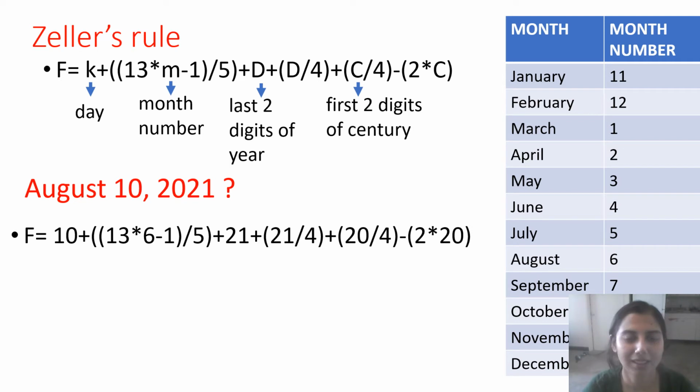Since we are considering the year 2021, the last two digits of the year are 21, and the first two digits of the century are 20.